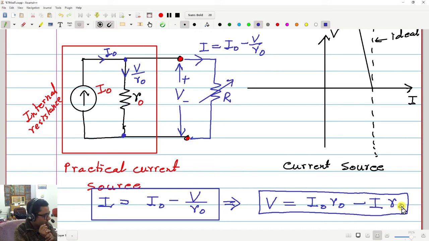Sir, is it that for any current source, if it's rated as I naught, then along it I naught current will always be there, no matter in which circuit it is? Yes. So if you buy a current source which is, say, 5 ampere, that means I naught is actually 5 ampere.